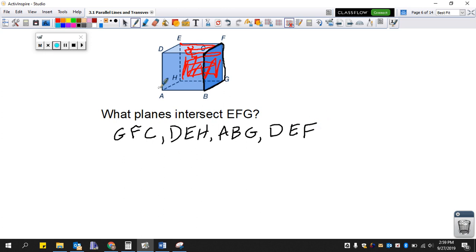Right? So really the only plane that does not intersect it is the plane that's parallel to it, which is DAB, the front. Okay? That's the only one that does not intersect. All the other planes do.